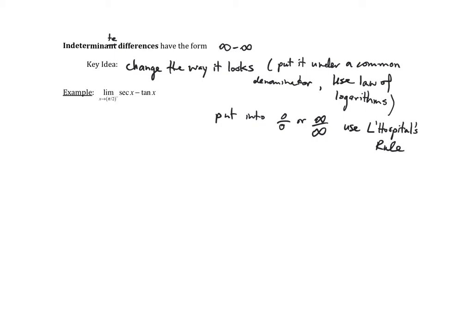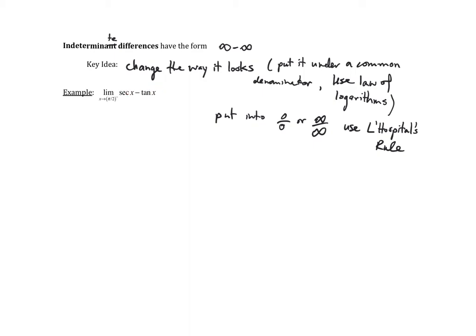Okay, so let's take a look at an example. The example I had in mind for you today was the limit as x approaches pi over 2 from the negative side of secant x minus tangent x.